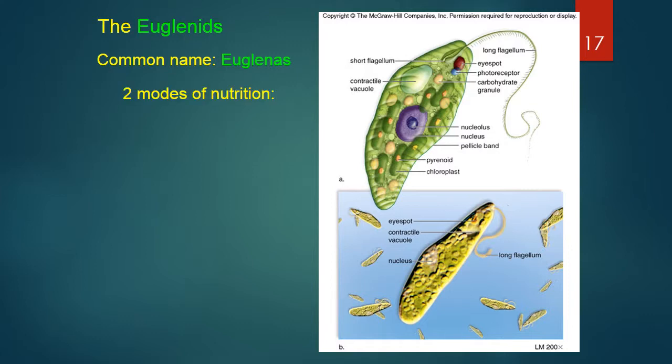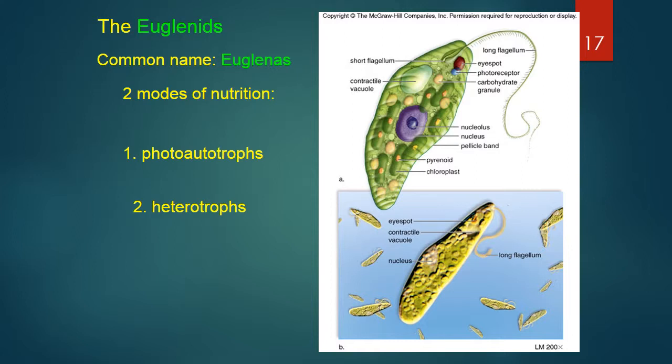So they have two modes of nutrition. So far we've been talking about photoautotrophic protists. When we get to Euglena, we have two different options. They are sometimes photoautotrophic, but only 1/3 of Euglena actually have chloroplasts. But they can also be heterotrophs, so they can cross over between the two.